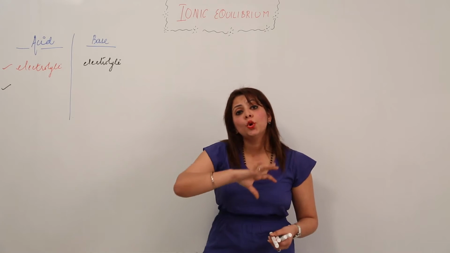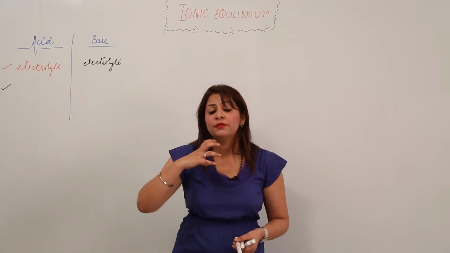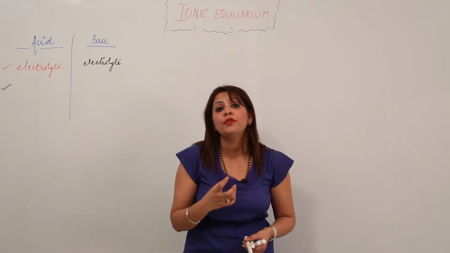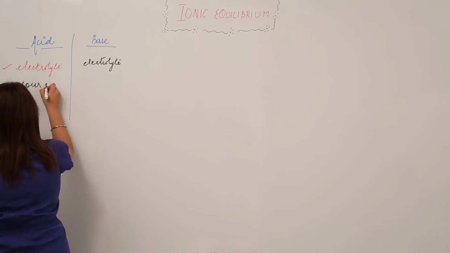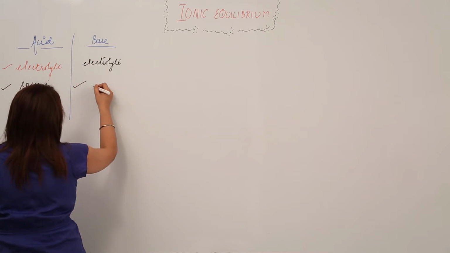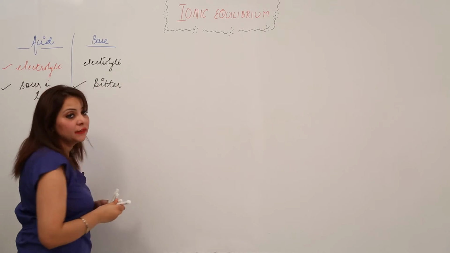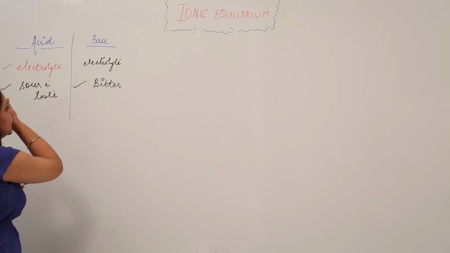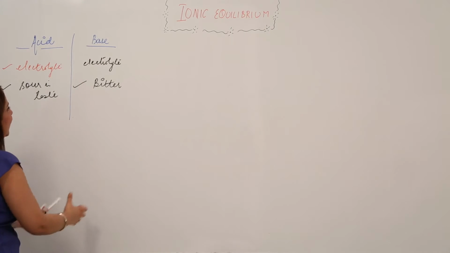If we taste them, the feeling we get is a sour feeling. That means all acids are mostly sour in taste. And when we taste a base, it appears to be bitter. So these are the properties: it is an electrolyte, it is sour in taste, it is bitter in taste.